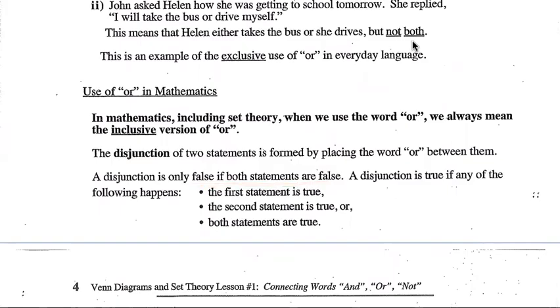So the disjunction is true if any of the following happens: the first statement is true, the second statement is true, or both statements are true. Okay, so true if both are true, or one is true, doesn't matter which one.